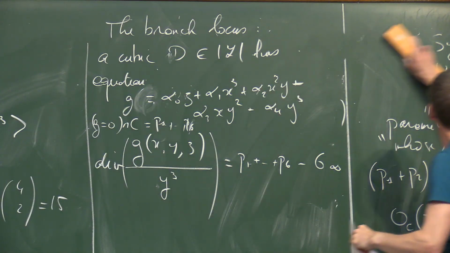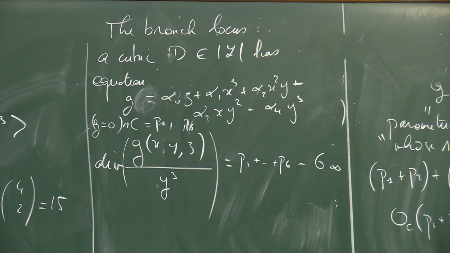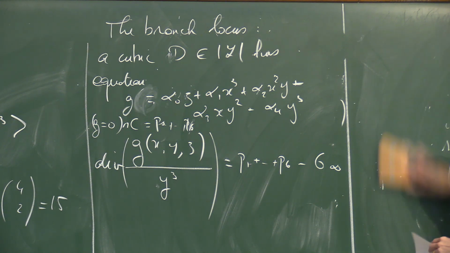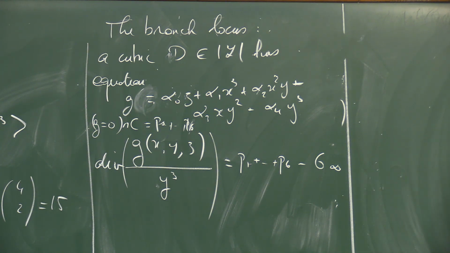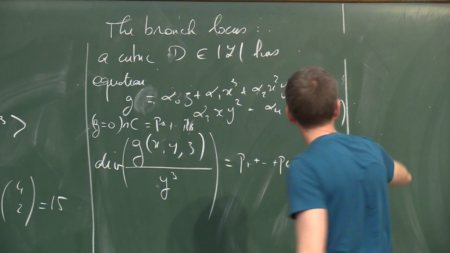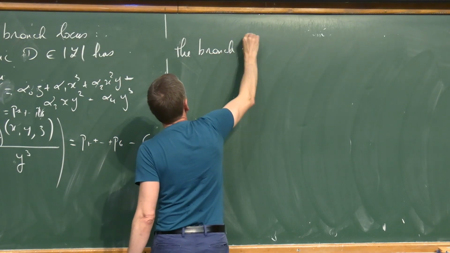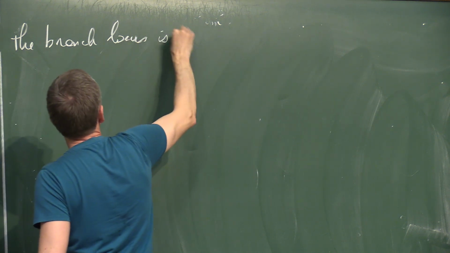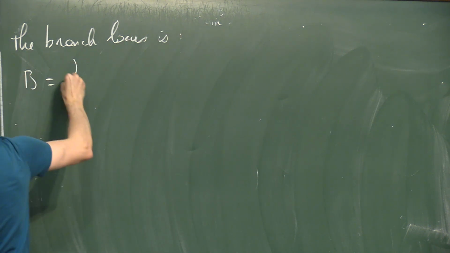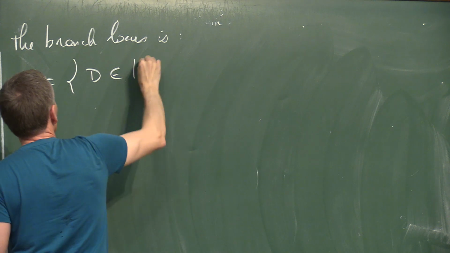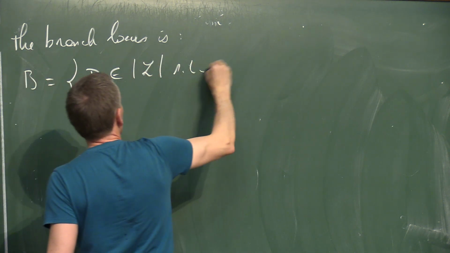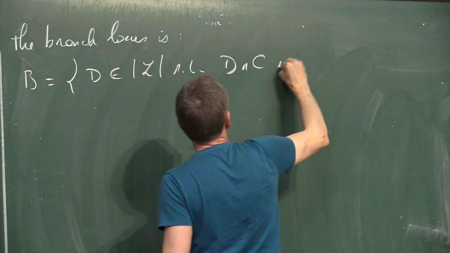And now, where do we have a branch locus? The branch locus is exactly when the cubic has tangency. So the branch locus is a divisor of cubics such that the intersection is non-reduced.